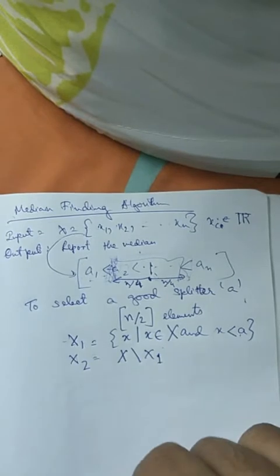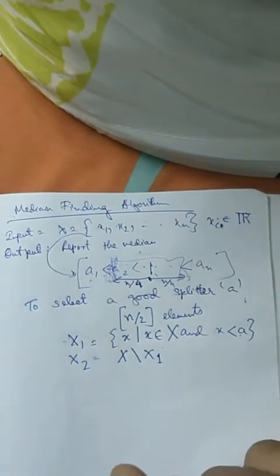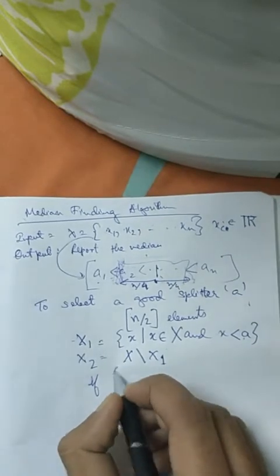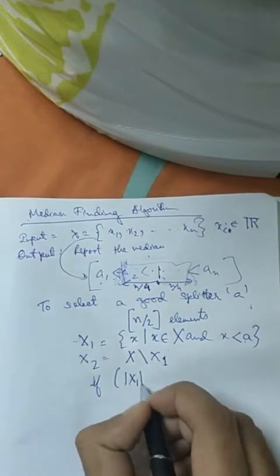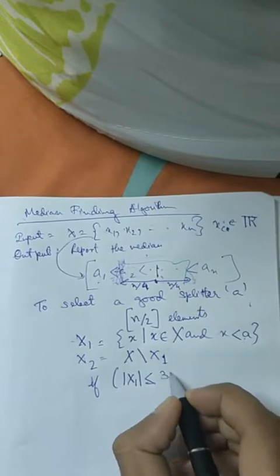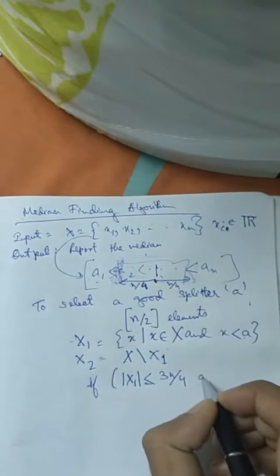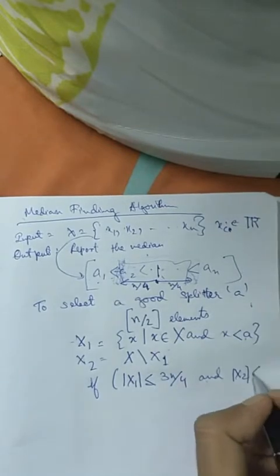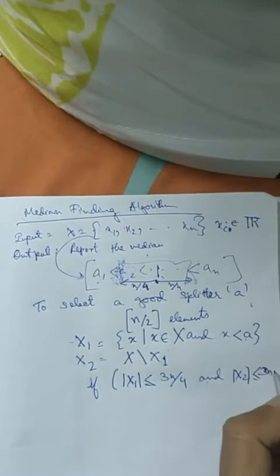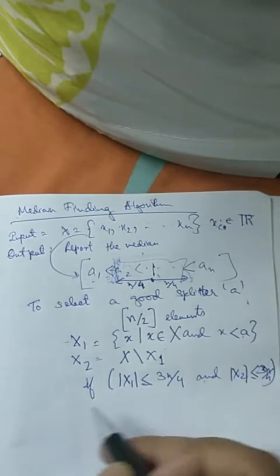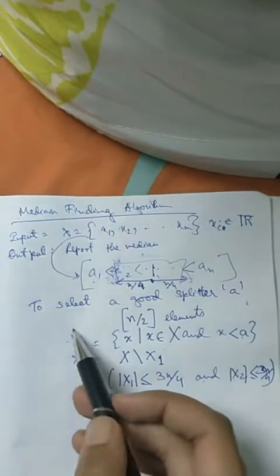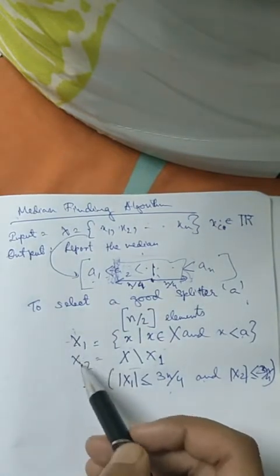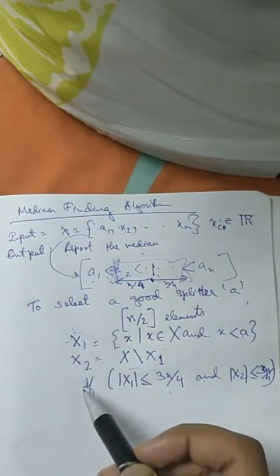So how can we define this? The definition is if the cardinality of x1 is less than 3n by 4 and the cardinality of x2 is less than 3n by 4. Since x minus x1 is x2, the sum of cardinalities of x1 and x2 is n.